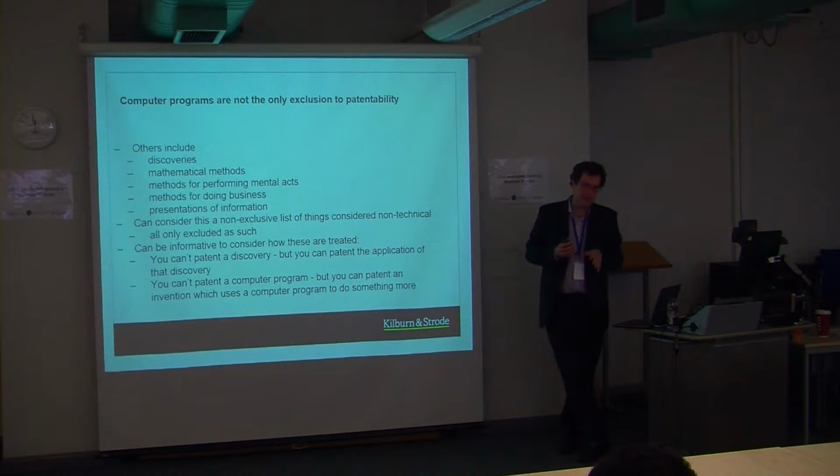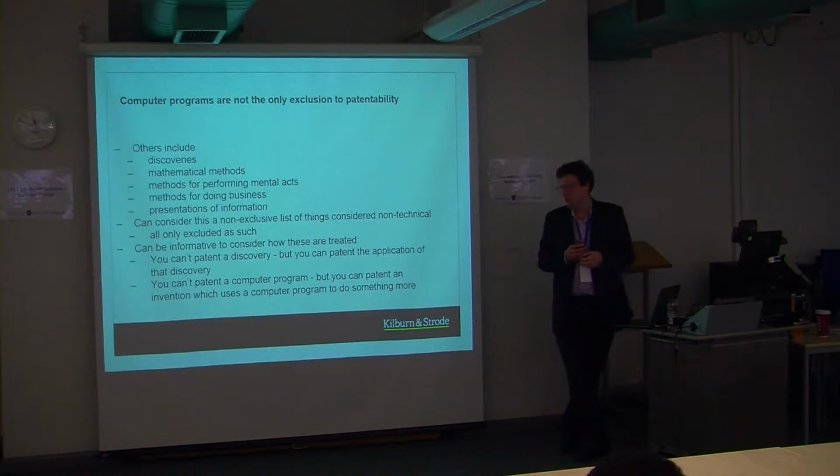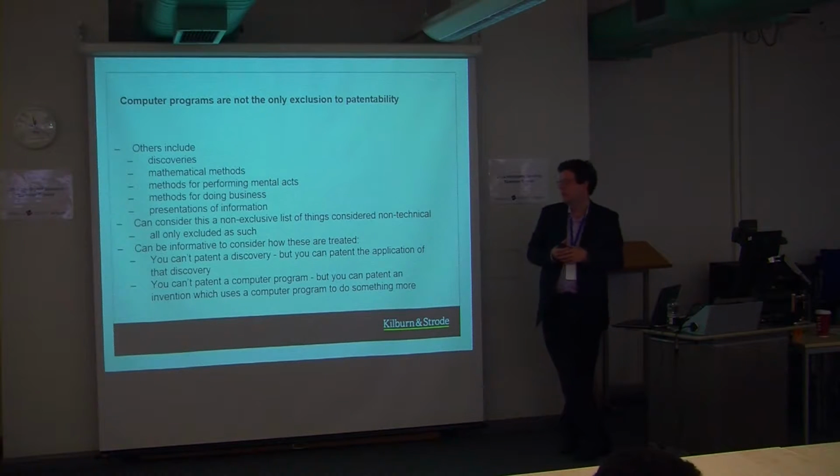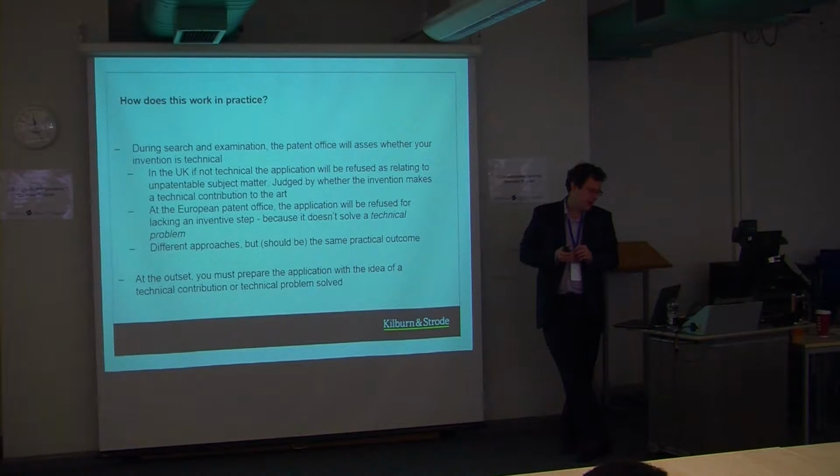These things are excluded legally, in the statute. And we can look at it and say that is a list of the kinds of things that we consider not to be technical. So you can't patent the discovery, but you can patent the application of it. And you can't patent a computer program, but you can patent an invention which uses the program to do something more above and beyond merely being a computer program.